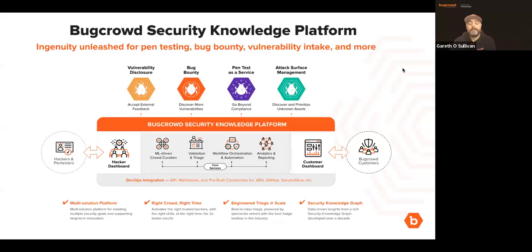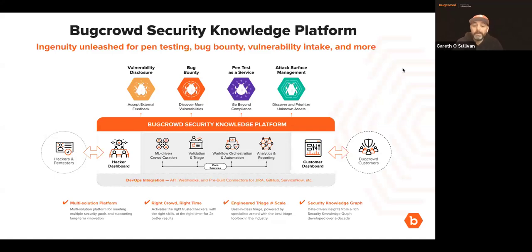Hugely important. We talked about automated testing earlier, and one of the big issues with using tools is obviously that they are very false positive heavy, as other testing options can be. So validation and triage is a huge value add. We have an internal team that helps review all findings that come through all the different program types that we run.